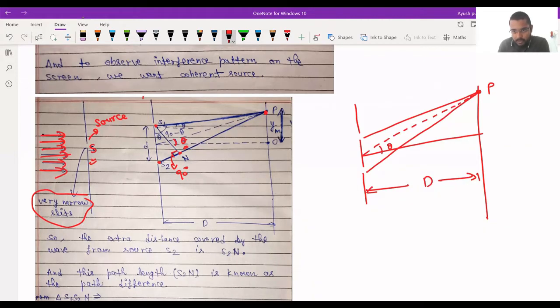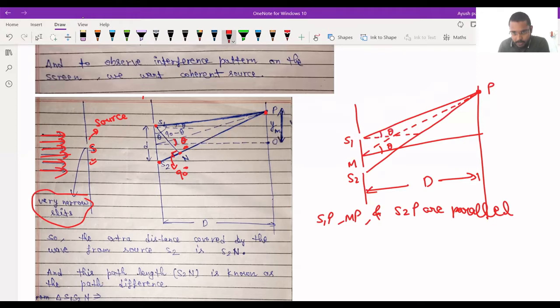These three rays, S1P, MP, and S2P, are parallel. If I draw a horizontal line here, then since MP and S1P are parallel, this angle will also be theta.